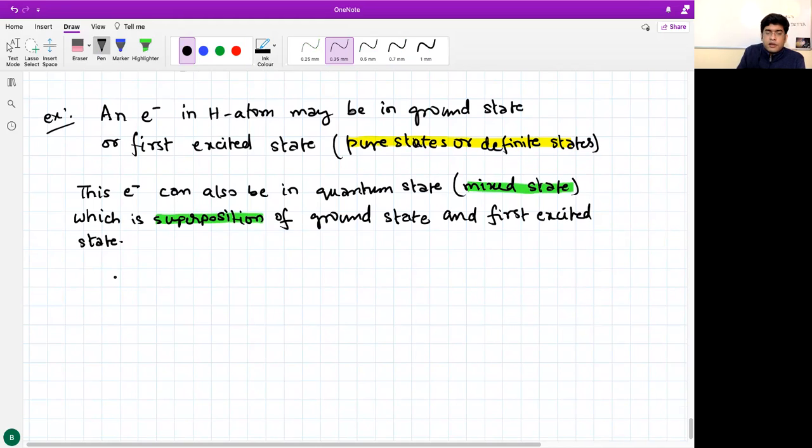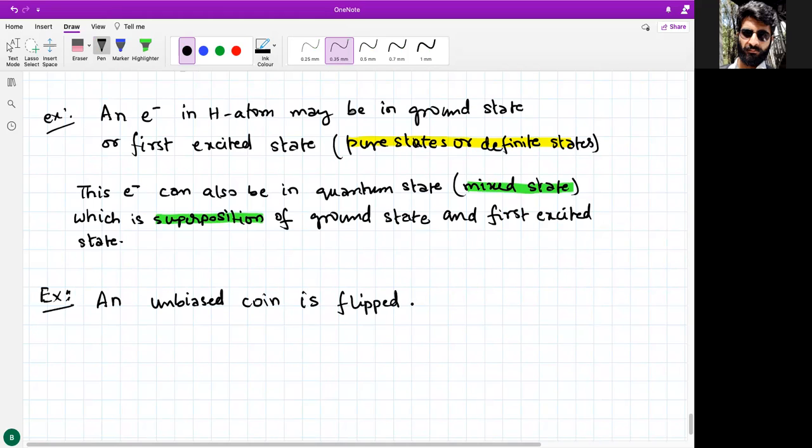Now the next is, let's take an example. This is a classical example, but we'll try to think of it as a quantum one. To some extent it is analogous to the quantum system. Let's take an unbiased coin. Now what do you mean by unbiased? Any idea? Equal probability of getting heads or tails.